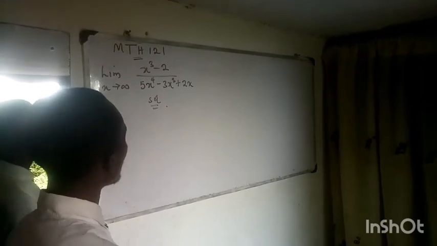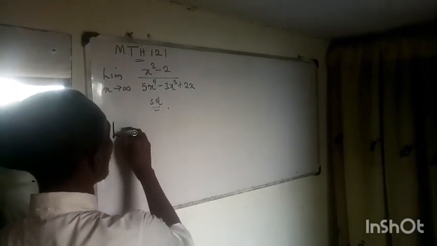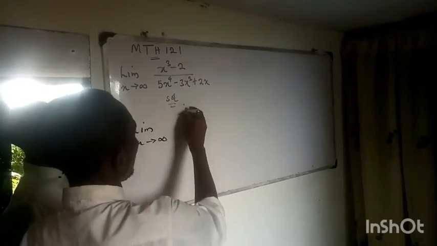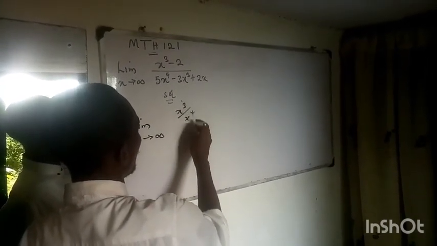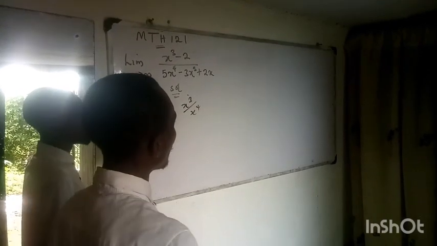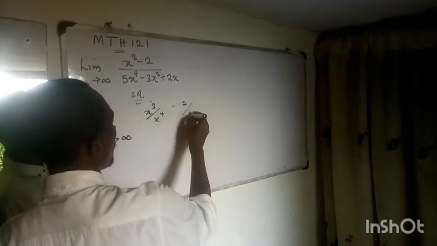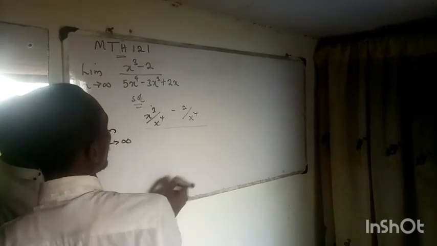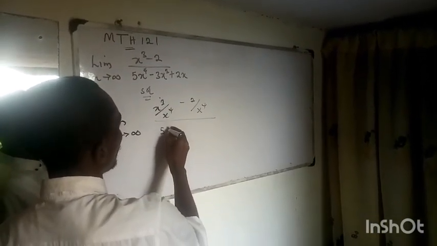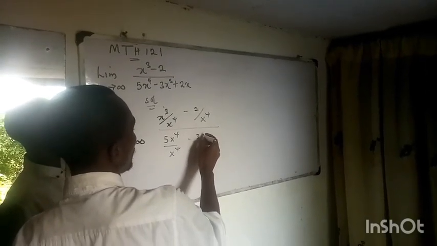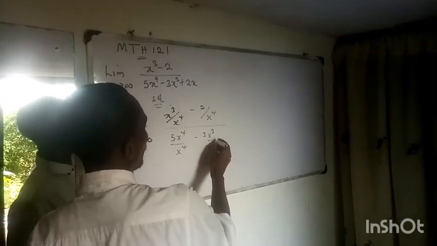So we say the expression can be written as x over x^4, and then we have 2 over x^4, and then we have over x^4, over x^4.